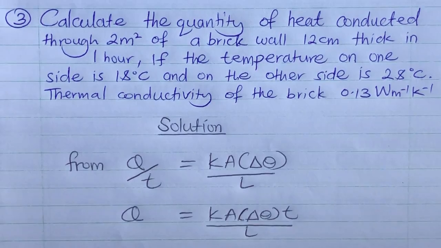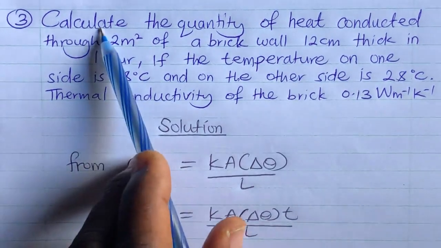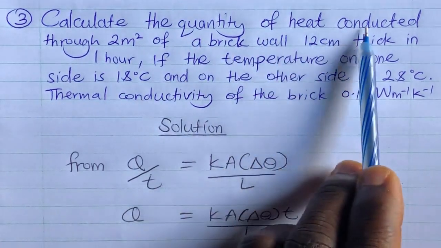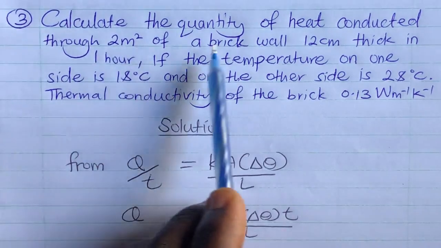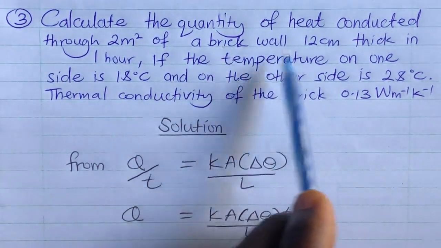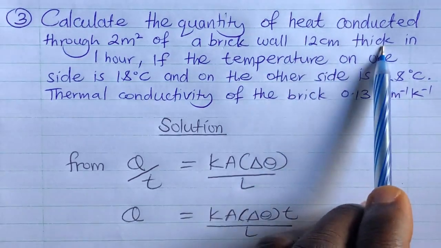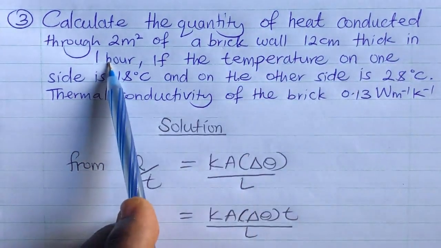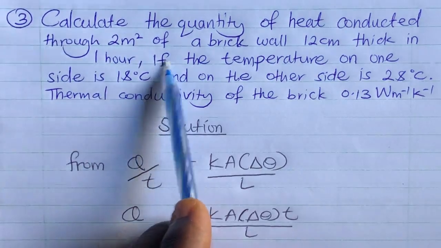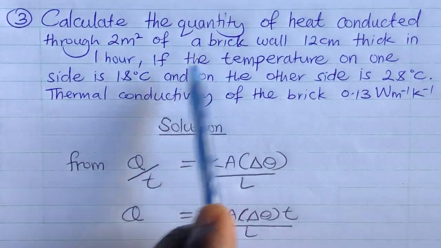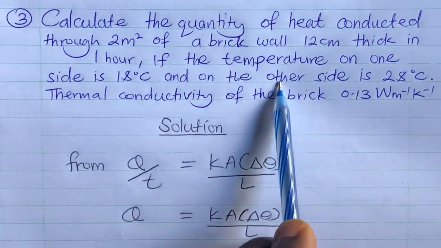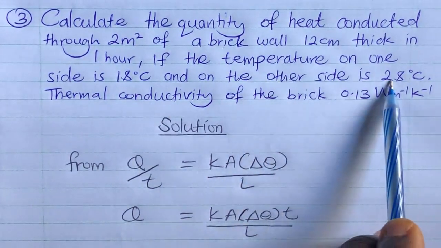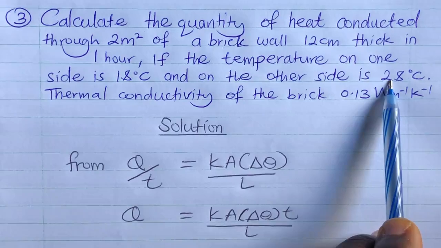Example number 3 tells us to calculate the amount of heat conducted through 2 meters squared of a brick wall that is 12 centimeters thick in 1 hour if the temperature on one side is 18 degrees Celsius and on the other side it is 28 degrees Celsius.